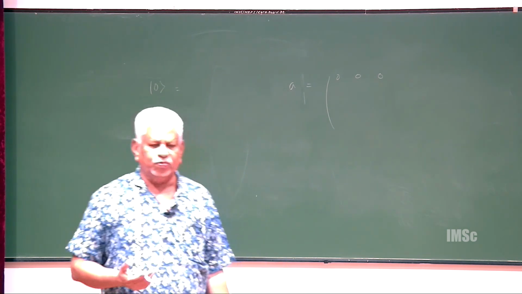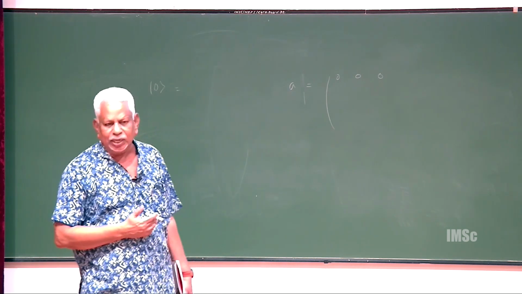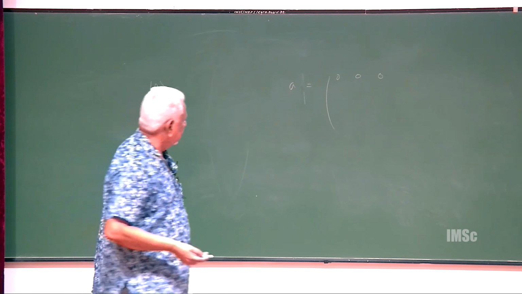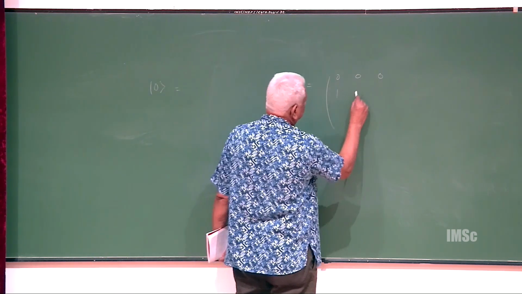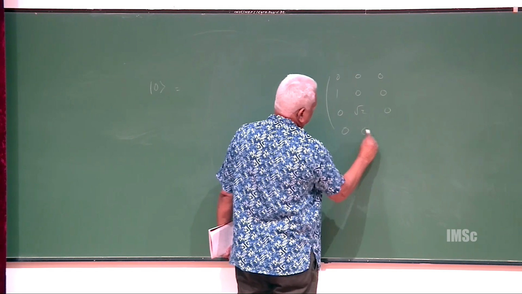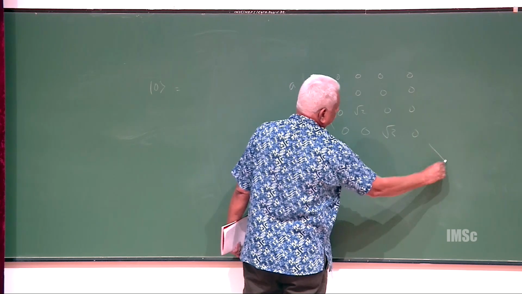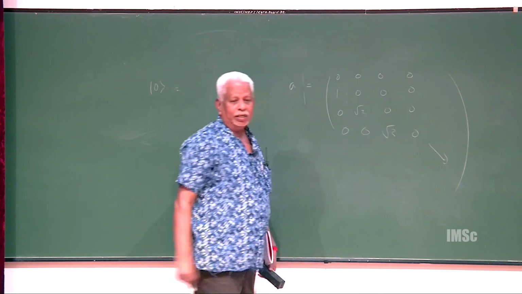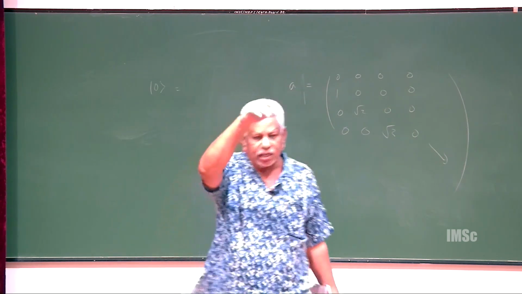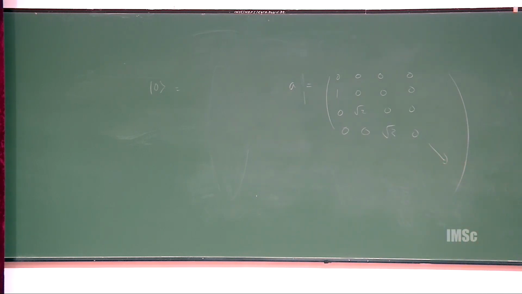But here it is enough if you take the transpose because it is a real matrix. It is 1 here, 0, 0, 0 here, root 2, 0. Diagonal terms are 0. Off diagonal terms in the first off diagonal, just above the diagonal, they are all 1, root 2, root 3, up to the square root of that.